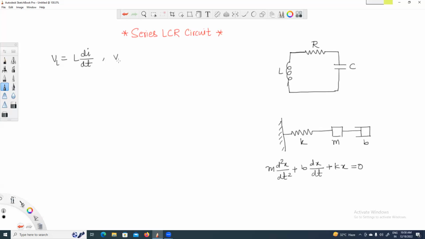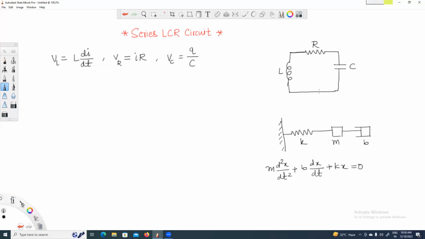The potential drop across the resistance is given by I times resistance R, and the potential difference across the capacitor is given by Q over C, where Q is the charge and C is the capacitance. By using these equations, we are going to find the differential equation for the series LCR circuit.